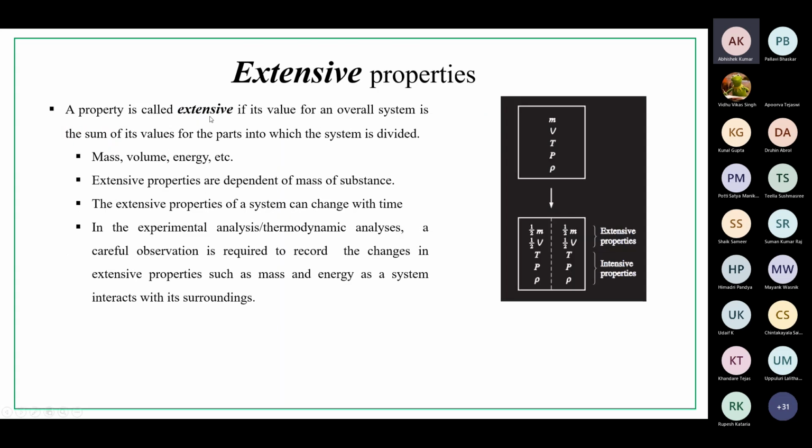Extensive properties means, when you separate it, suppose there is a certain volume, or otherwise a certain system. Let us not consider volume now. Whatever the property is, we are indicating the characteristics of the system, right? That system you are dividing. If that property is changing, then that is an extensive property.